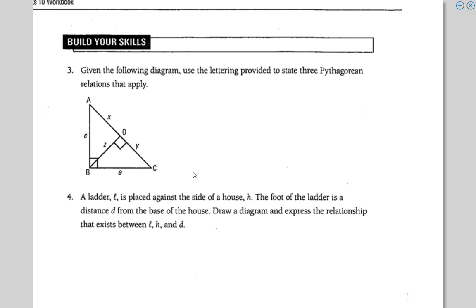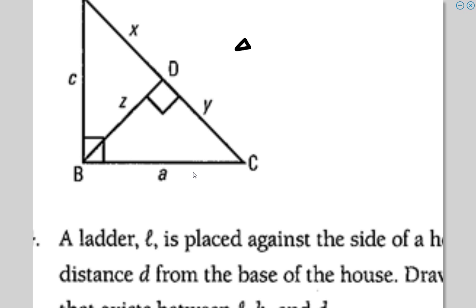Okay, here's question 3. Given the following diagram, use the lettering provided to state 3 Pythagorean relations that apply. Okay, so let's take a look at triangle DBC, which I'll highlight.